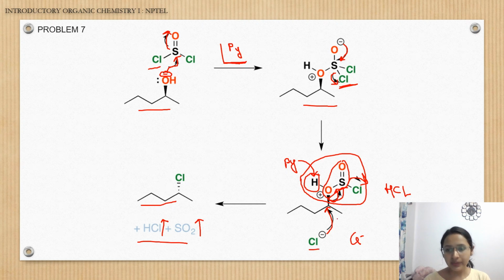So what is happening next is this Cl minus. What you have to consider here is this Cl minus attack is happening from the opposite side, right? Opposite side of the leaving group. It is basically a similar kind of SN2 reaction which is happening here, because, it is not actually SN2, it is SNi, but still a similar kind of approach was there, because here also this nucleophile is attacking from the backside of the leaving group.